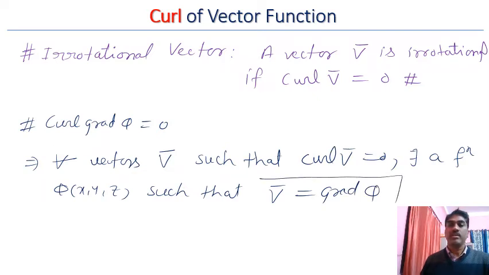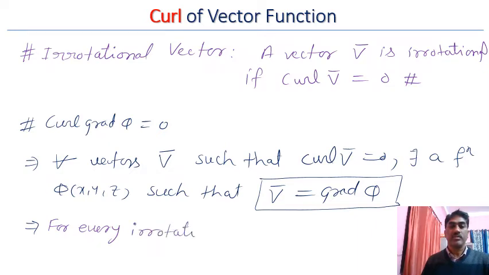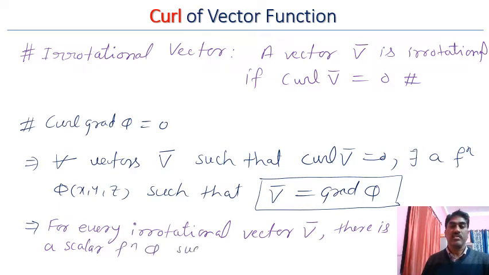It means, in other words, that whenever v is an irrotational vector, for every irrotational vector v, there is a scalar function phi such that v is equal to grad phi.